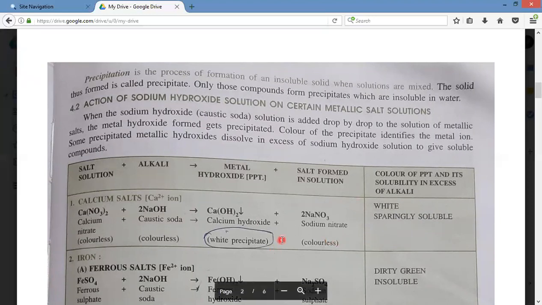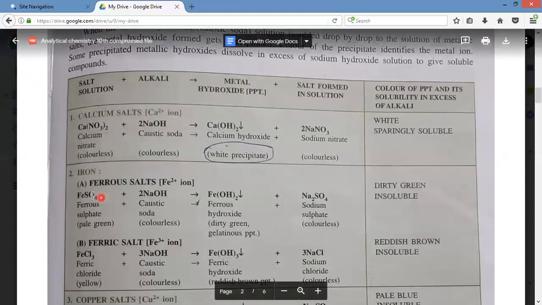One thing to keep in mind: when we are adding drop by drop, a different result will come, and when we are taking it in excess, different results appear with the particular salt or particular solutions.